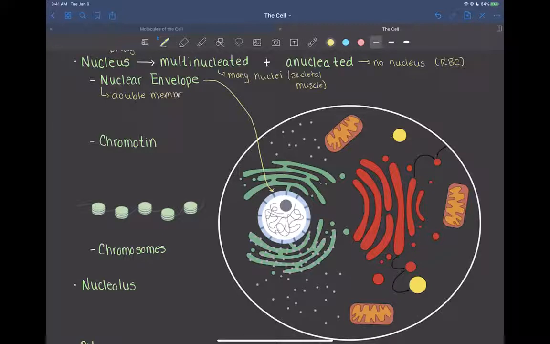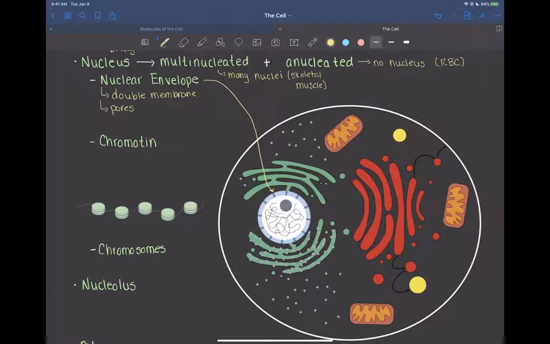That means it has two complete layers. So this would be a phospholipid bilayer, and then this would be another layer of phospholipid bilayer. Going all the way around the nucleus, it has two sets of phospholipid bilayer. So it has a double membrane, and it has pores.